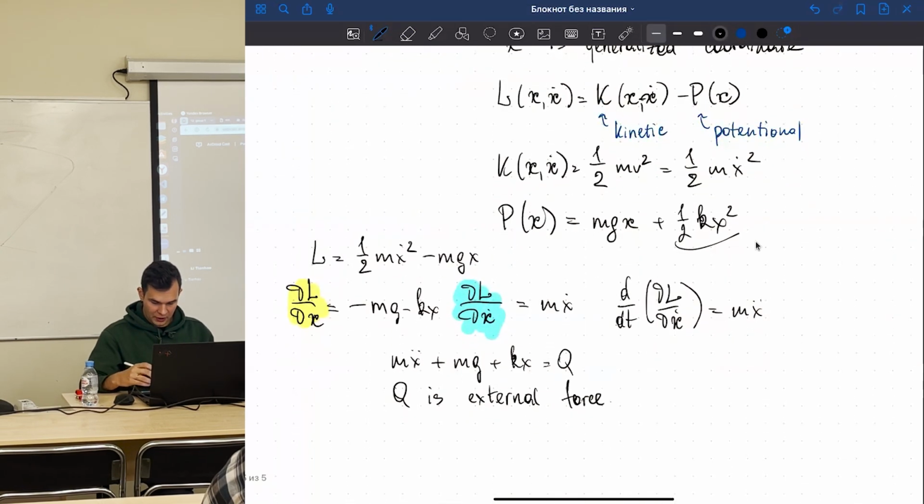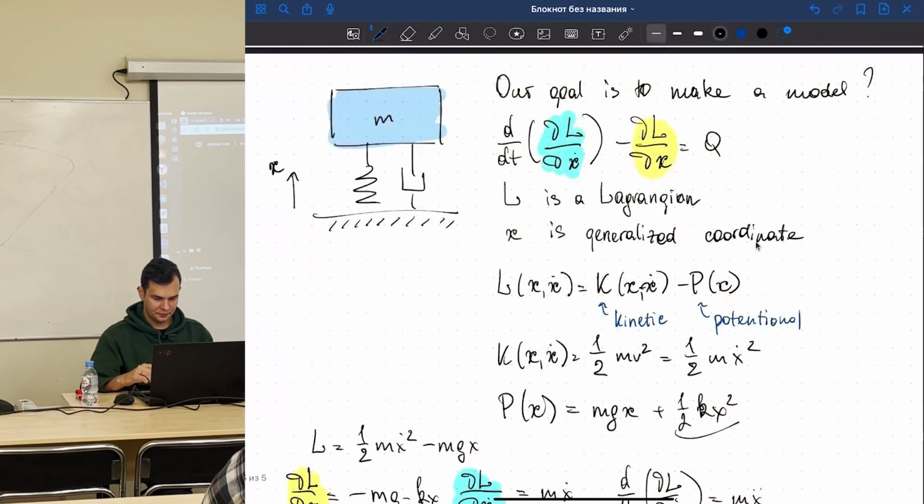So let's go back to the Q. What will be the Q here? Zero. Yes. It's zero for a system that doesn't have any source that sucks energy out of the system. So for a conservative system, it's supposed to be equal to zero.